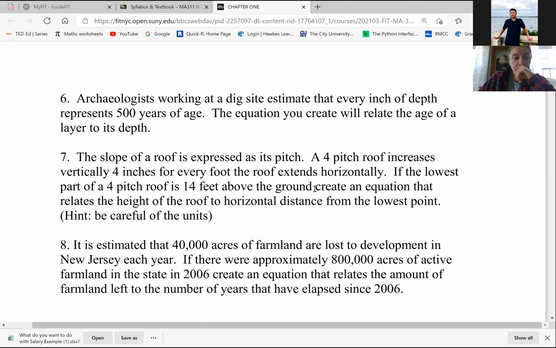So now we have two units. One of them is inches, the other one is feet. That means we need to make it consistent, in the same unit. We know that foot is a higher unit, so typically we convert a higher unit to a lower unit. 1 foot equals 12 inches. So that's something we need to do, and in that case we'll be able to keep it consistent.